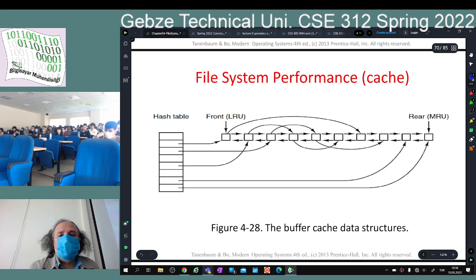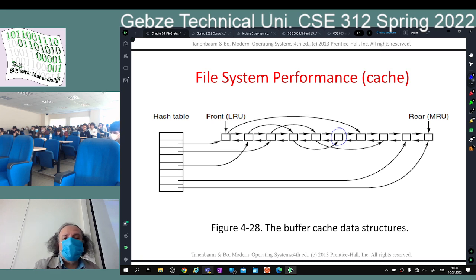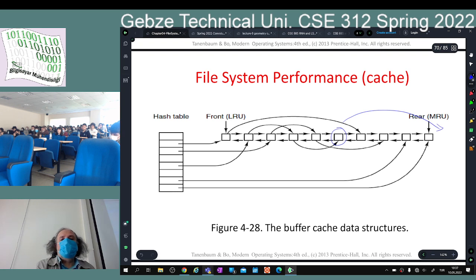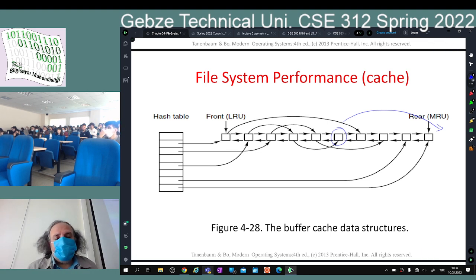If I have used this one, not page but the block, I can put it at the beginning of the queue here. Okay, it's a double linked list, it's a queue, and I always replace the least recently used one. So I can update this data structure in a very efficient way.